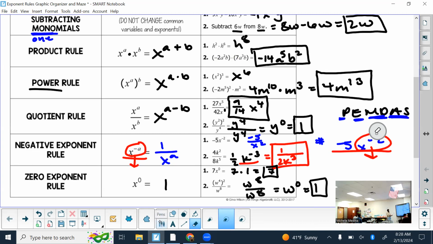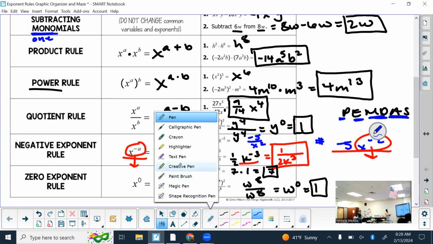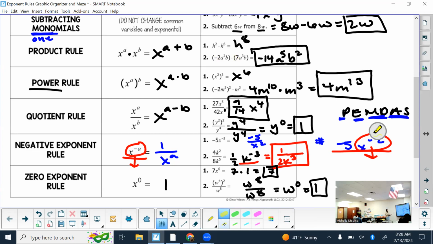I do think yesterday we made a mistake in this class. I taught it in my 4th hour math lab. But right here for number 2 on the power rule, know that coefficients, the numbers in front of variables, are not exponents. You don't apply exponents to coefficients, so you treat them like normal. If I have a -2 squared, because this power of 2 applies to everything inside the parentheses, then that should give me a +4.